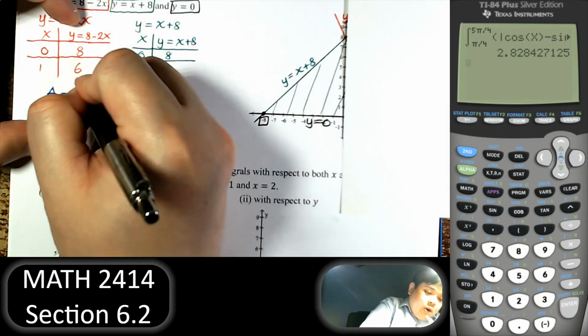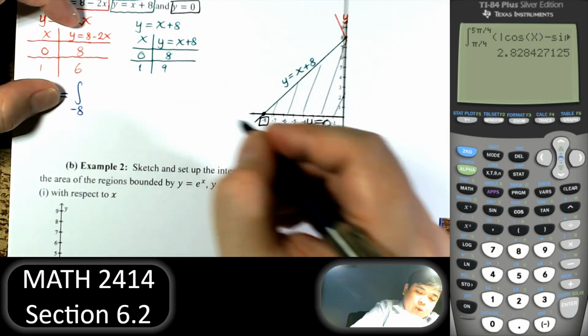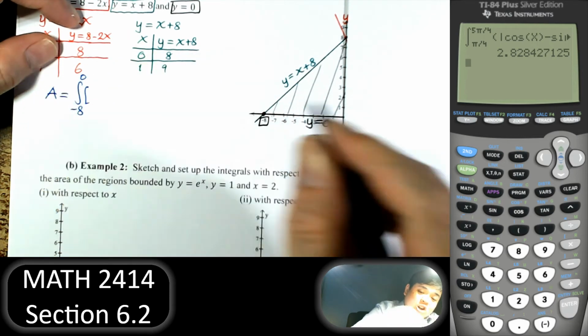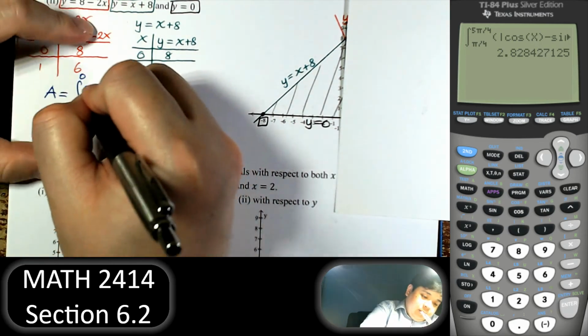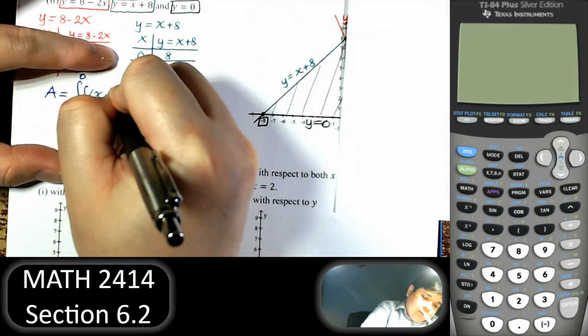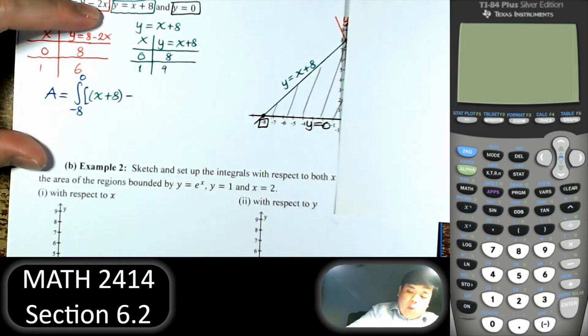So the integral will go from -8 to 0, where the function above is x plus 8. The function at the bottom, y equal to 0.